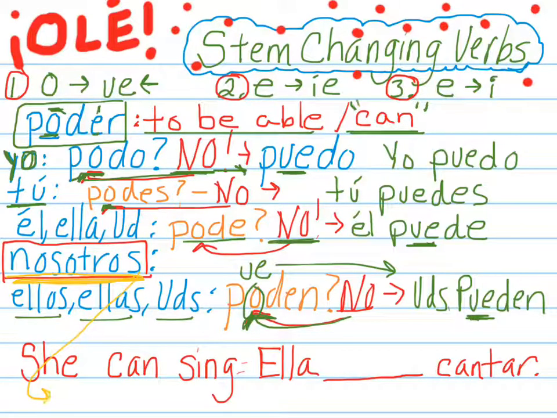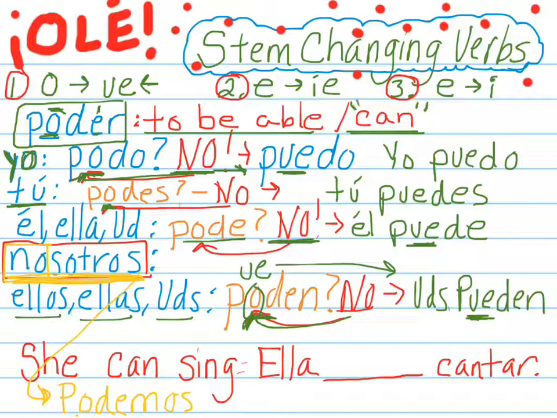Okay, it would be podemos. This is actually right. We do not stem change ever, ever, ever the nosotros form. All other forms, yes. Nosotros, no. So you look at nosotros, you see that no in nosotros? That means you don't stem change it. No to nosotros, you do not stem change. So you would get podemos.